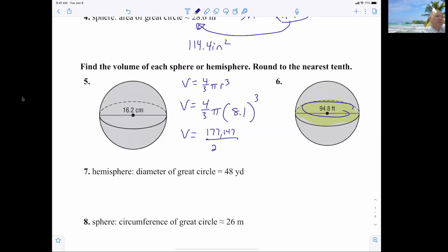Over 250, like this. 177,147 over 250 pi. All right, that seems a little obnoxious. I'm agreeing with you. All right, no problems.